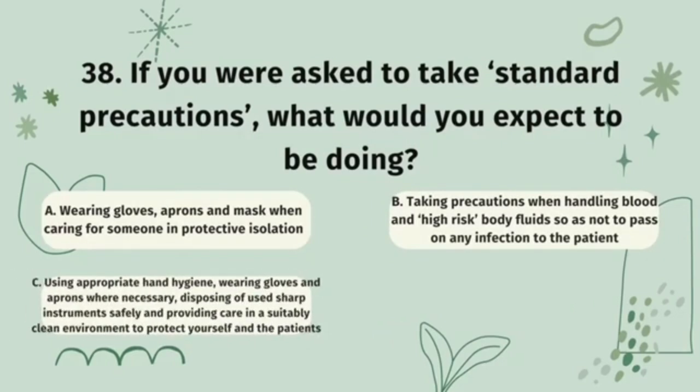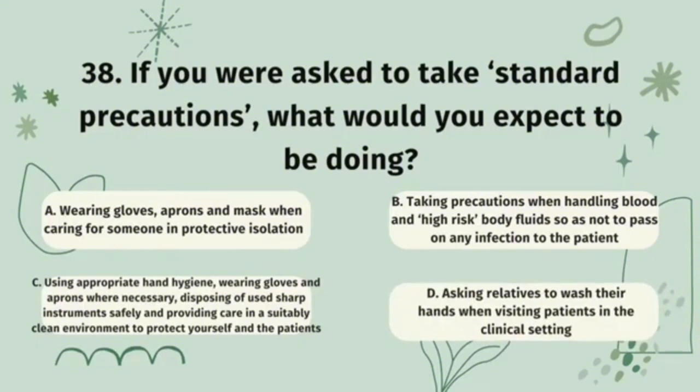Option C. Using appropriate hand hygiene, wearing gloves and aprons where necessary. Disposing of used sharp instruments safely and providing care in a suitably clean environment to protect yourself and the patients. Option D. Asking relatives to wash their hands when visiting patients in the clinical setting.